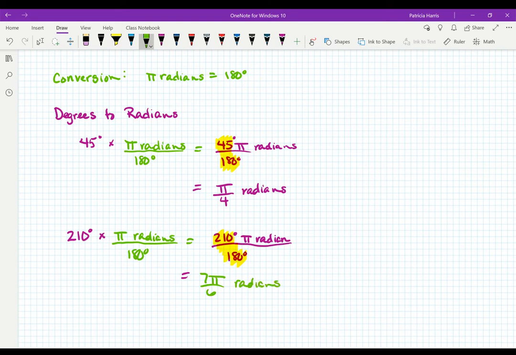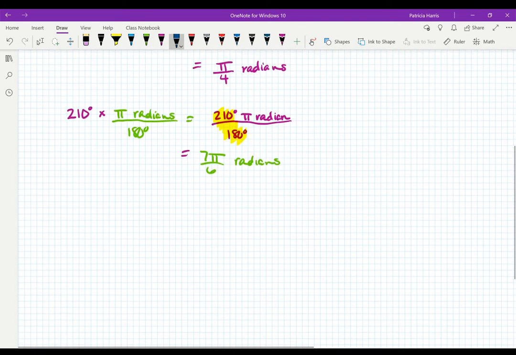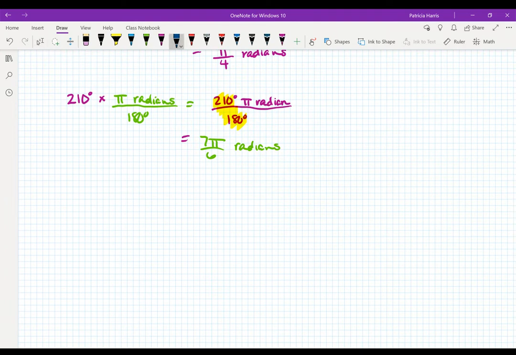Okay, so now let's go the other way. Let's go radians to degrees. Let's say I have 11 pi over 6 radians, and I want to convert that to a degree measure. To do that, you're going to multiply by 180 degrees over pi radians.